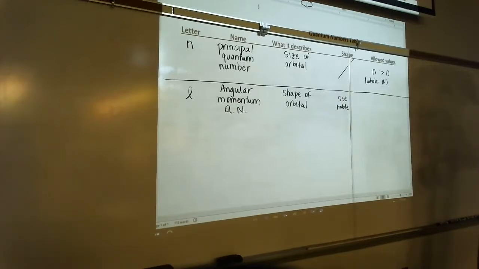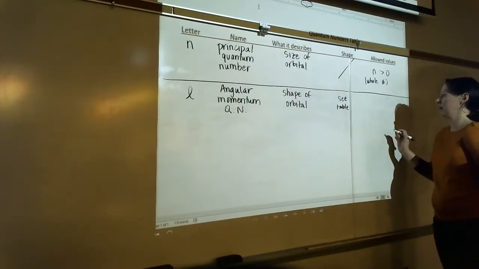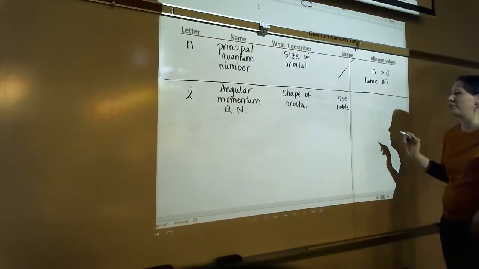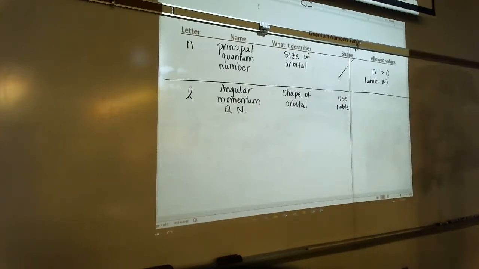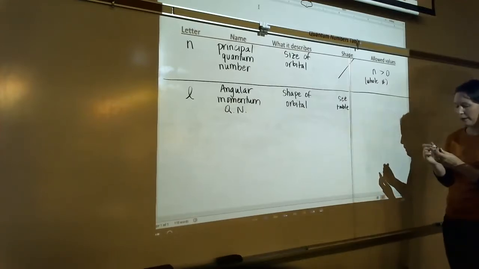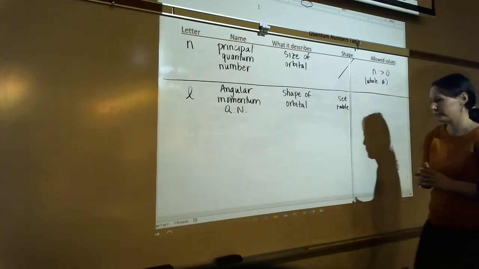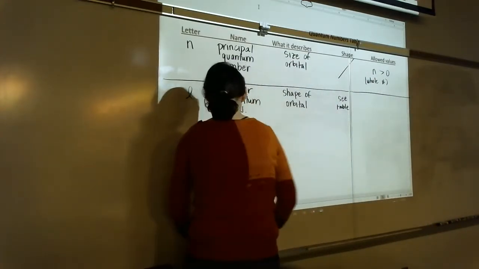Let's go ahead and do our table while we're talking about shape. You might want to do this on the back, because we're going to go through all the different shapes associated with each value of l.